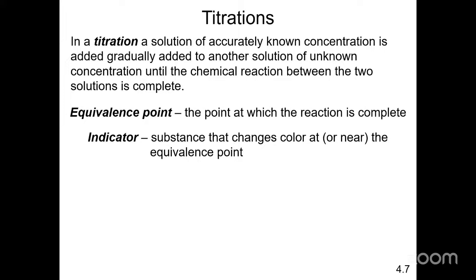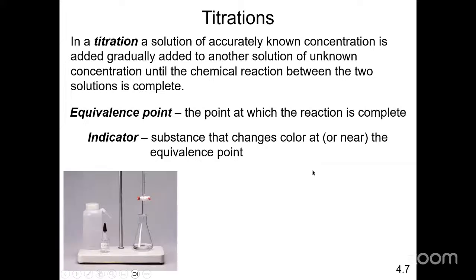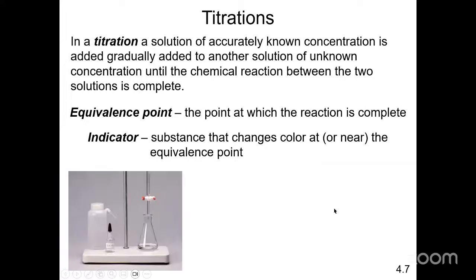So for most, if not all indicators, there is a pH range within which it will take on one color, and then if you add enough acid or base to change the pH, the color will change to another color, all right? So that's basically one important aspect of this particular process.